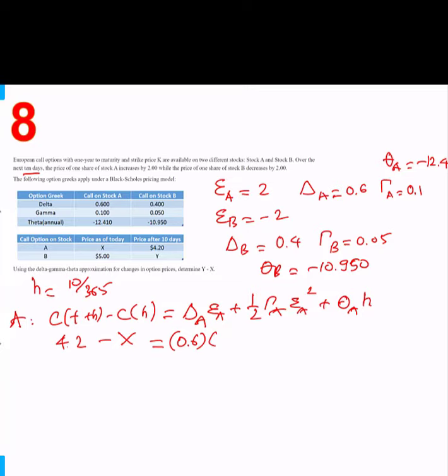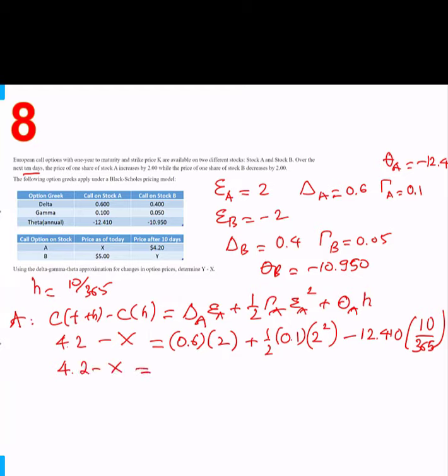So 4.2 minus X is equal to delta A, 0.6, times epsilon A, 2, plus 1/2 gamma A, 0.1, times 2 squared, plus theta, negative 12.410, times H, which is 10 over 365.